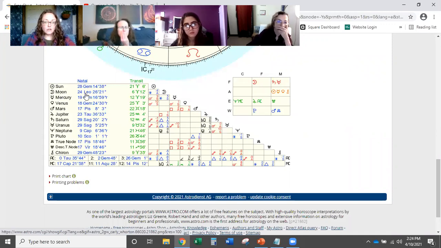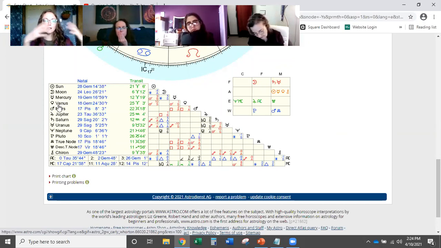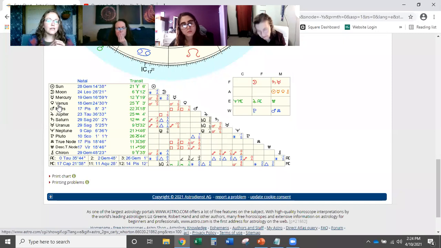For my chart, the moon was in Leo when I was born, and that's what you would Google, and that's your moon sign. You also have a Mercury sign listed there, your Venus sign. That's what it means: where was it located at the time of your birth? So you have a sign for all of the different planets that we can include on the natal chart.